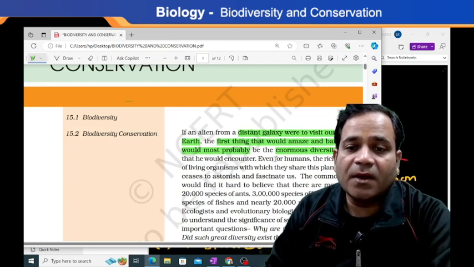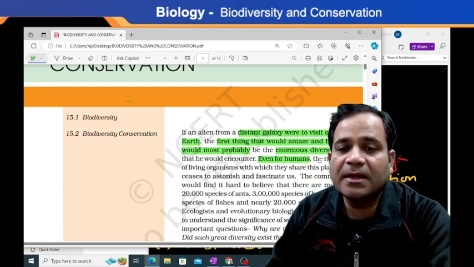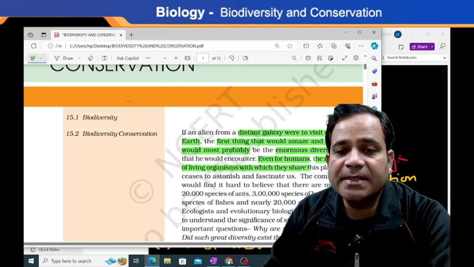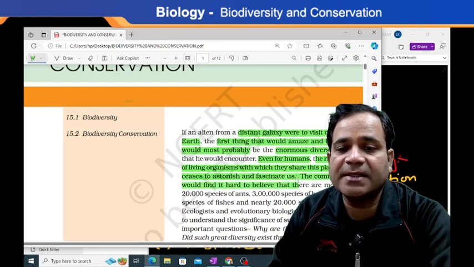Even for humans, the rich variety of living organisms with which they share this planet never ceases to astonish and fascinate us.